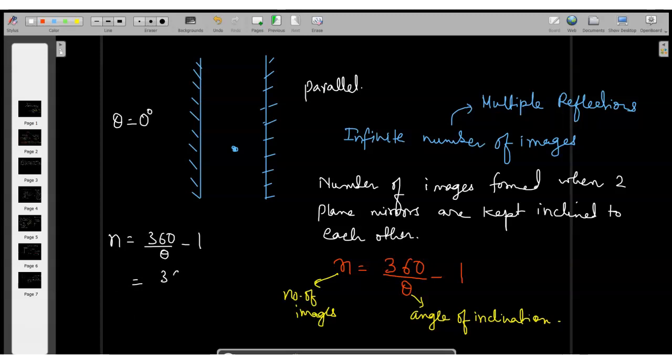So if you divide 360 by 0, minus 1, anything divided by 0 is undefined. Undefined means infinite number of images will be formed. Now you know why you get an infinite number of images when you sit in a salon or a parlor between two plane parallel mirrors. Okay.